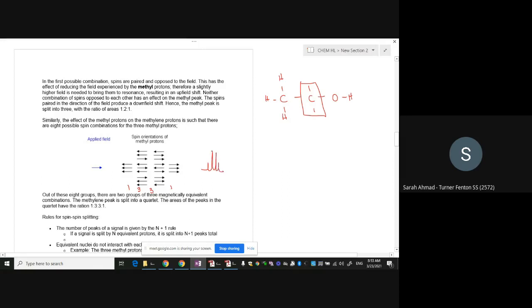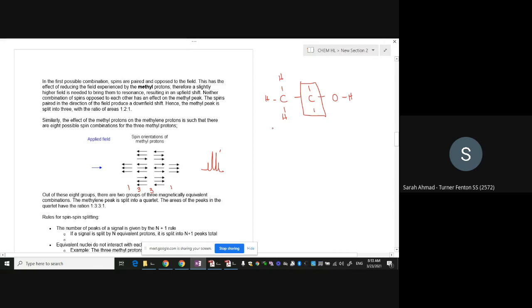Now, am I ever going to mark you wrong on how you draw the splitting height? No. This will become more important in university. But at this point, if you can tell me, Miss, this is going to be a triplet, this is going to be a quartet, and you draw me 3 peaks and 4 peaks, I am as happy as can be.